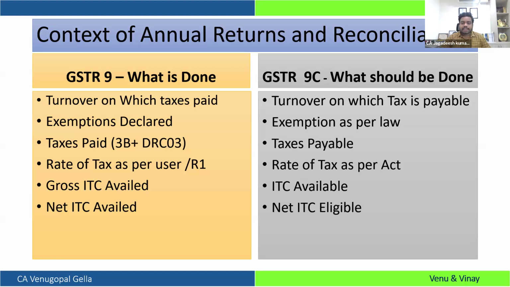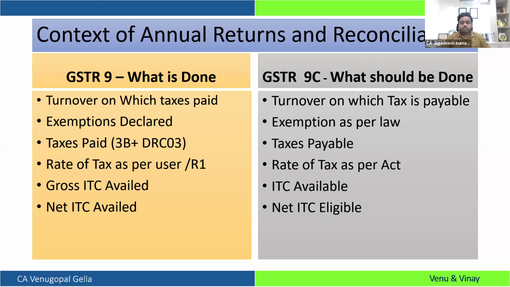That means GSTR-9 is a statement of fact, whereas GSTR-9C is what you should have done. For example, with turnover, GSTR-9 will capture the turnover on which you have paid the taxes, whereas in 9C, you have to ascertain the turnover on which you have to pay the tax.